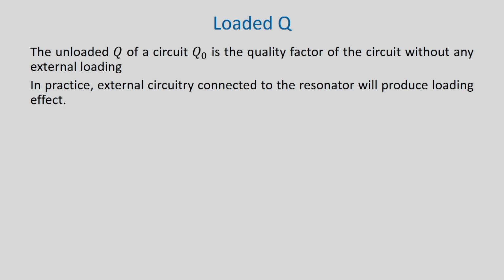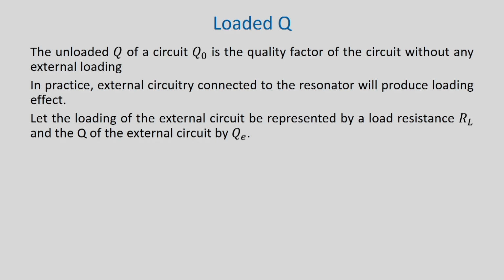And let us see how we can take this loading effect into account. Let us represent the loading of the external circuit by a load resistance RL and the Q of the external circuit by QE, and QL be the Q of the loaded circuit.